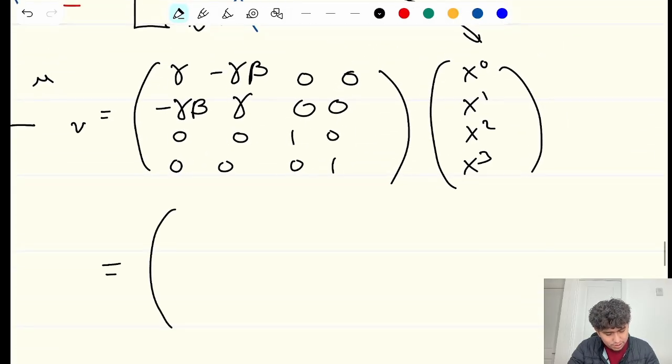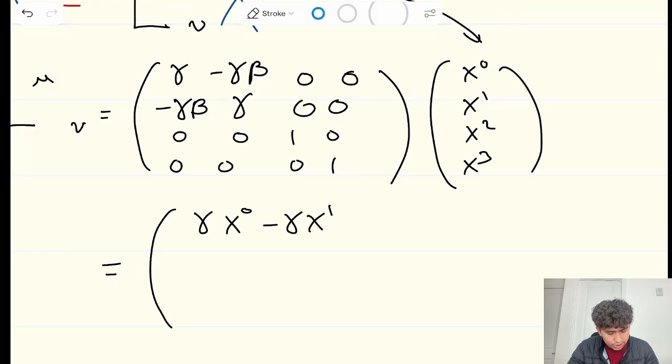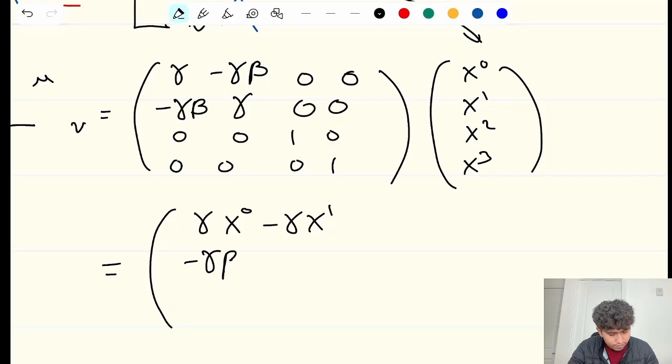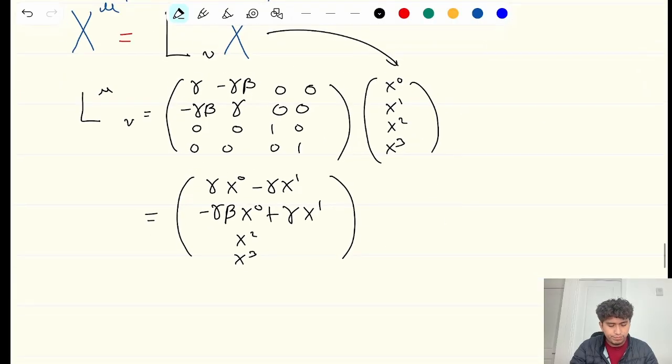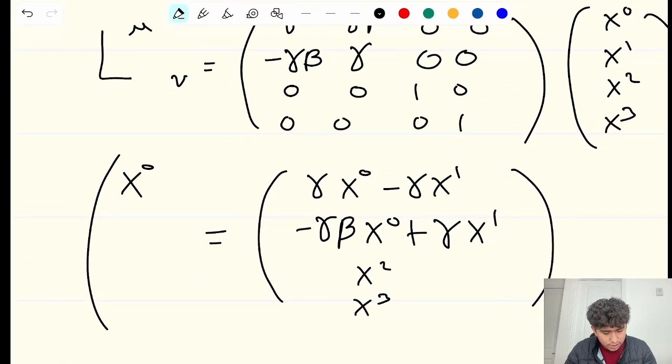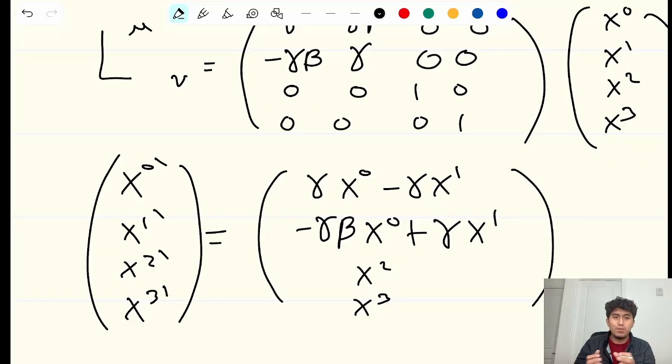The first component is going to be x naught minus x1, this is just time, plus x1, and then the other two components are just going to be the same, x2 and x3. This is the transformed four vector. As I told you, the Lorentz transformation is just a matrix that, when you multiply it, allows you to transform between frames.